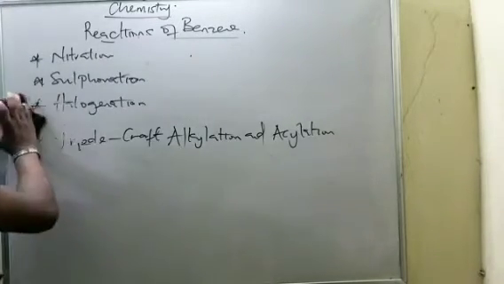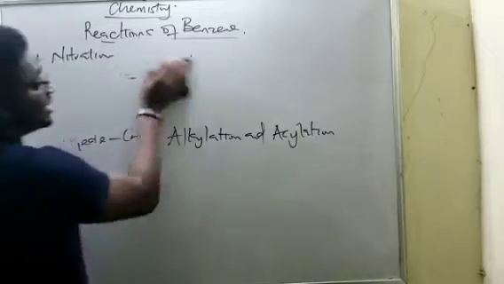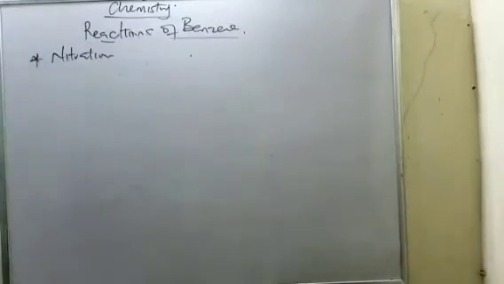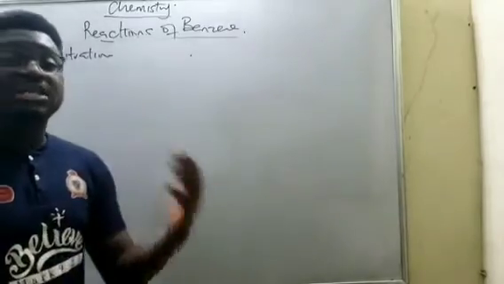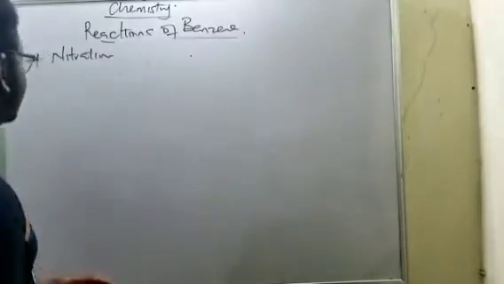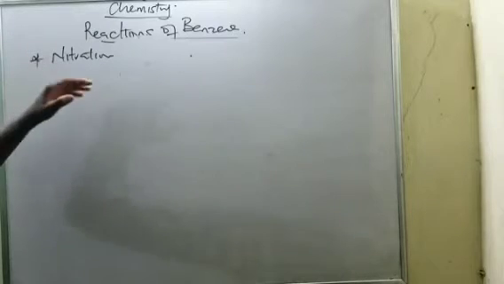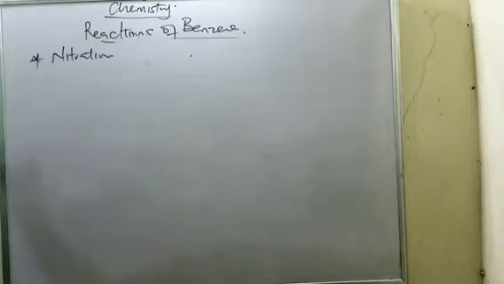And we will be starting with the nitration reaction first. Like I said, when you are asked to describe the reaction of benzene, it is expedient that you show how you are generating your electrophilic reagent. The first thing is the generation of the nitronium ion.